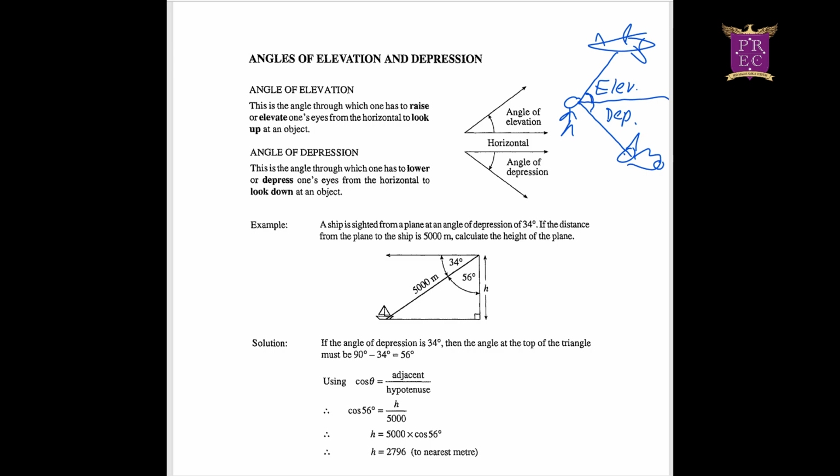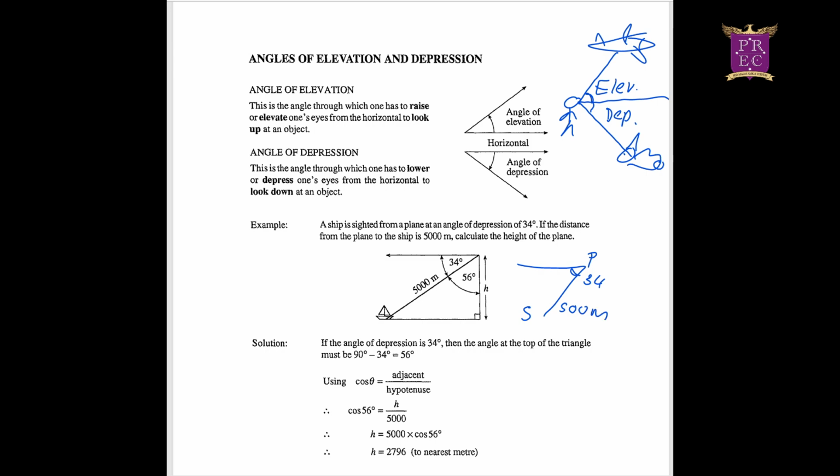A ship is sighted from a plane at an angle of depression of 34 degrees. Okay, so let's say the ship is here, the plane is here. The angle of depression is 34 degrees. Oops, that's not very straight. Let me just redraw it. Yeah, 34 degrees. We also know that the distance from the plane to the ship is 5,000 meters. That's the shortest distance, so that will be this one, 5,000 meters.